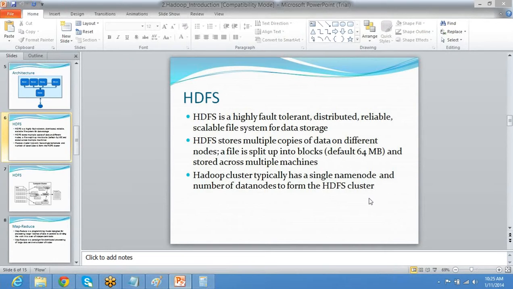Yes, name node and data node. Actually, let me explain why this architecture.